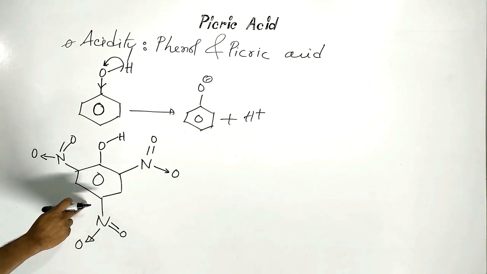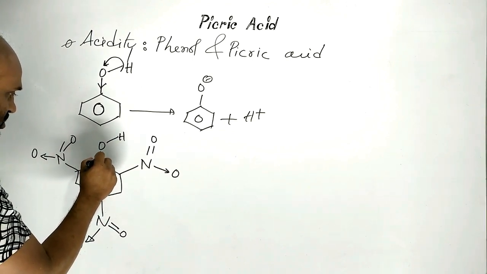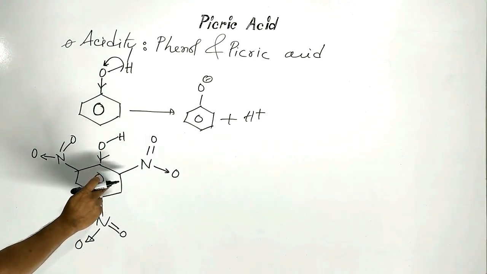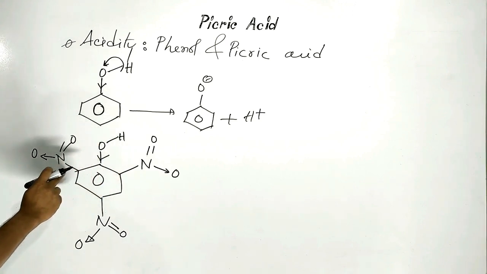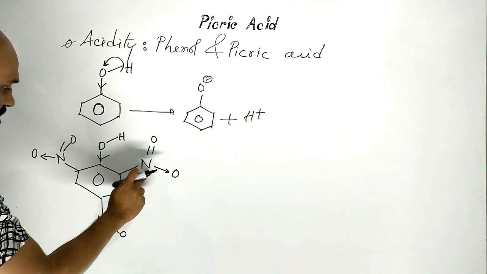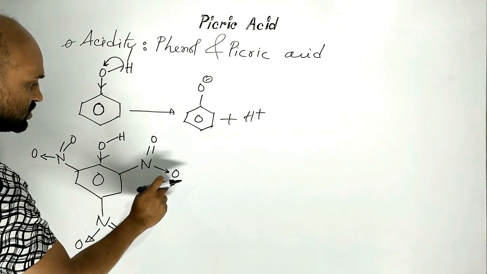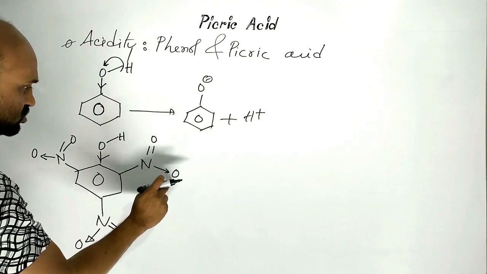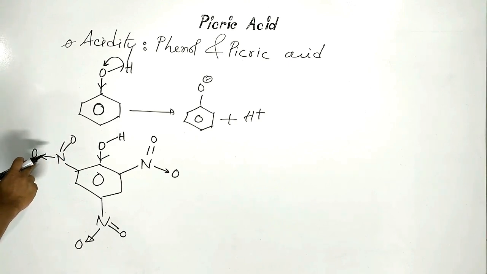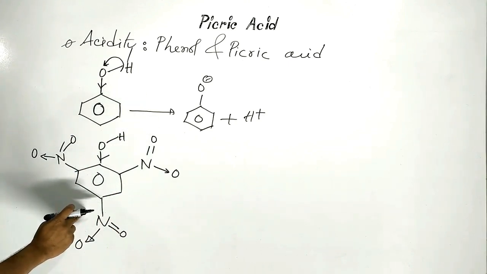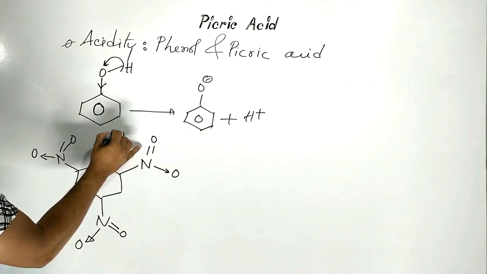In case of picric acid, on one hand, phenyl group is a kind of electron withdrawing group that eases production of this proton. On the other hand, there are three nitro groups with electronegative oxygen atoms. Here two oxygen atoms, two oxygen atoms, two oxygen atoms. These nitro groups ultimately affect this oxygen-hydrogen bond.